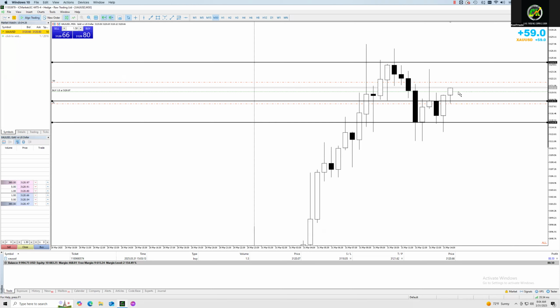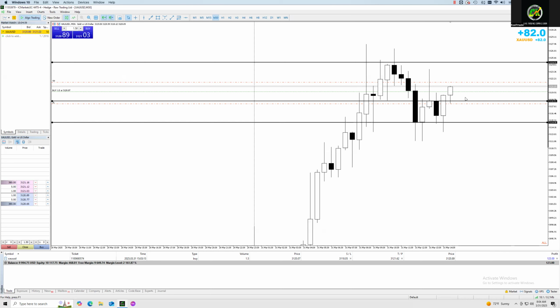And if it comes back down, we're going to manage risk. So we're going to close 50% at 10 pips.